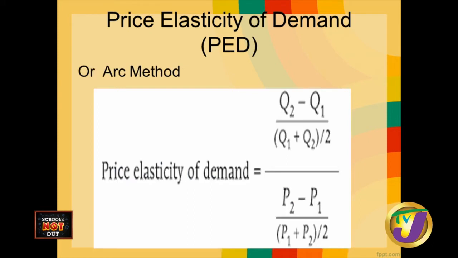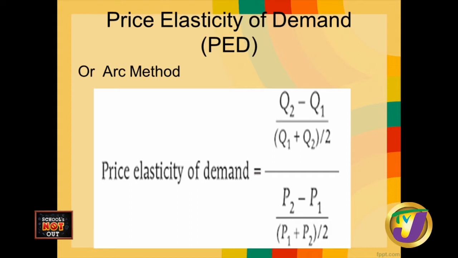There's also another method of calculating price elasticity of demand. For this method, it's the change in quantity divided by the average of the quantity, over, again, the change in price divided by the average of the two prices.